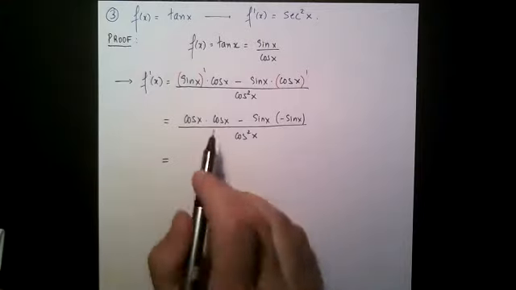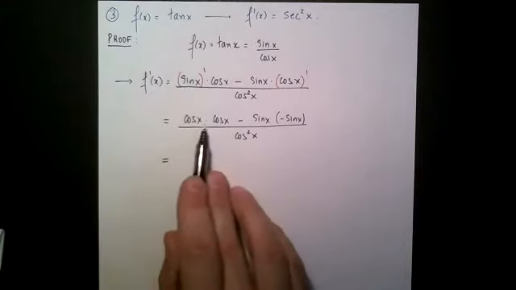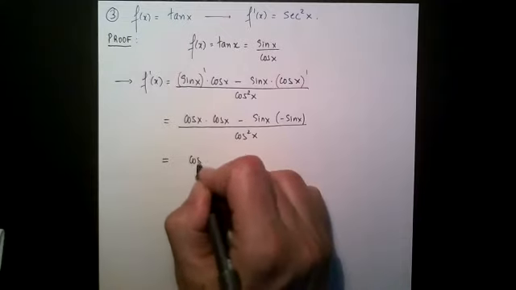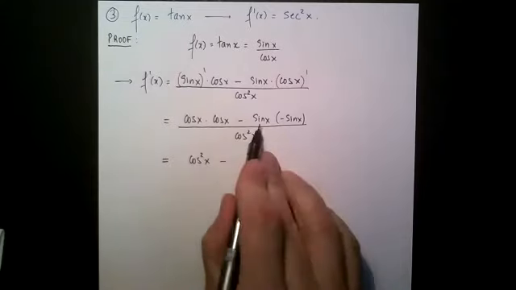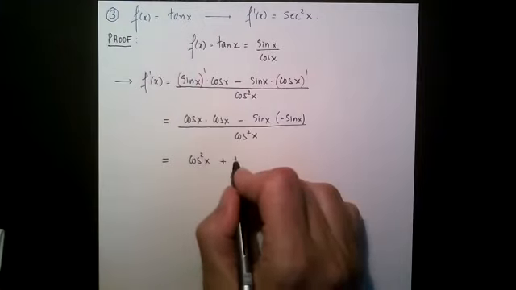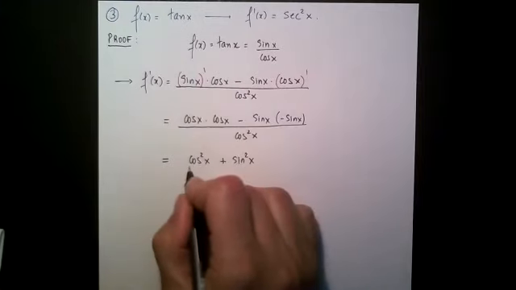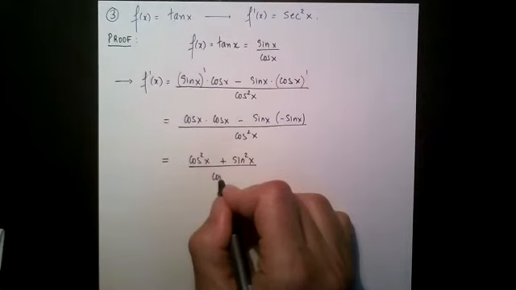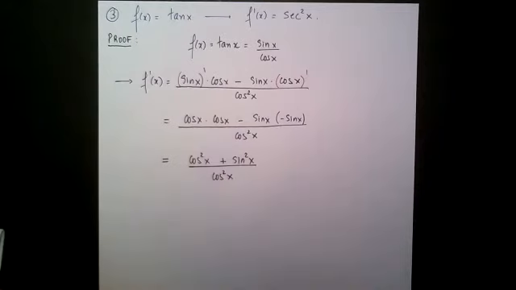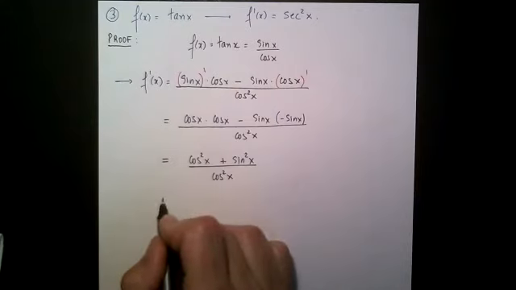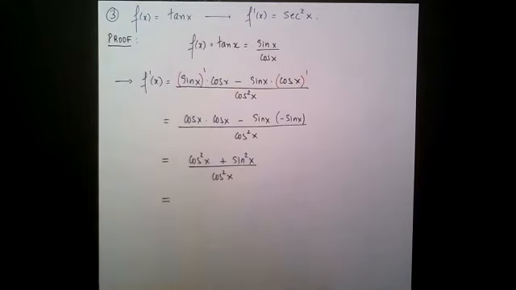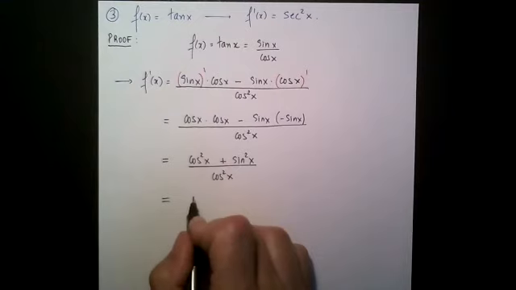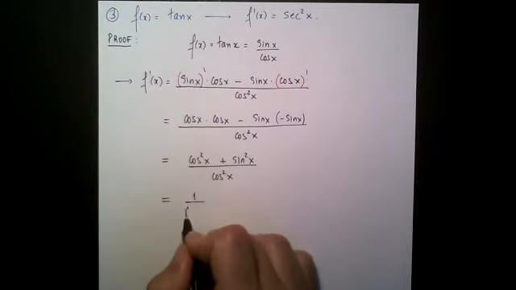Good. Now cos x times cos x is cos squared x. And then minus sine times minus sine is plus sine squared x. And all this divided by cos squared x. Okay, and now sine squared plus cos squared is what? That's 1. Very good.